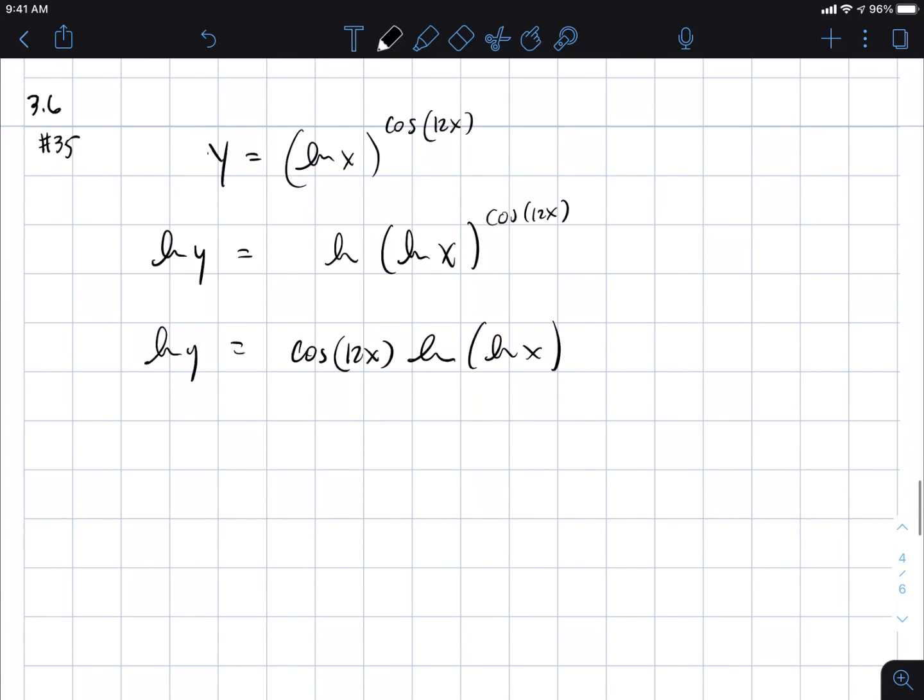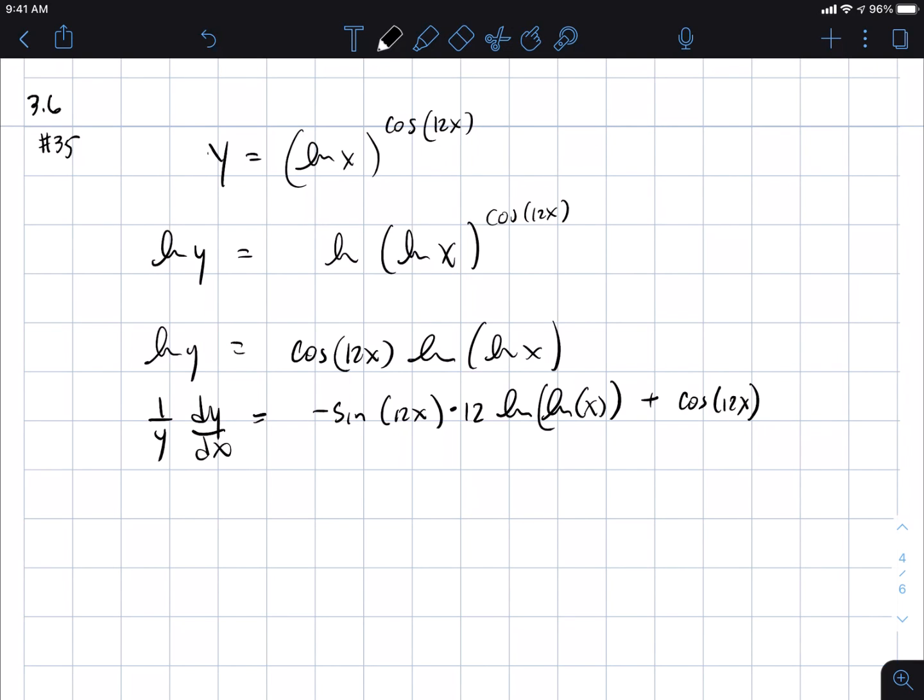So what's going to happen is I'm going to get 1 over y dy dx is equal to negative sine of 12x times 12 times ln of x, right? But it's a product, so I'm going to get cosine of 12x.